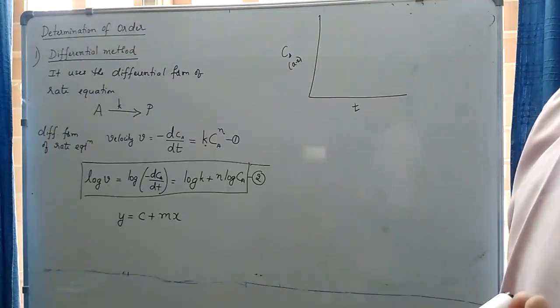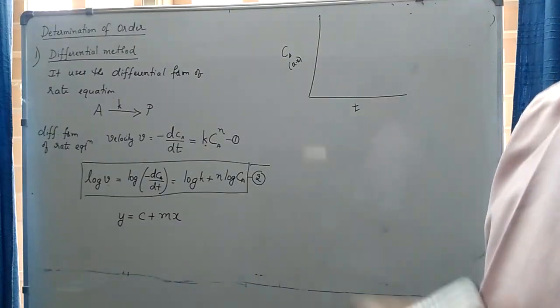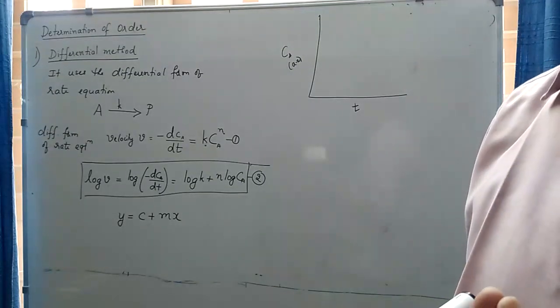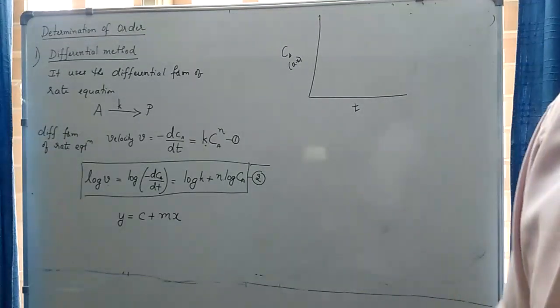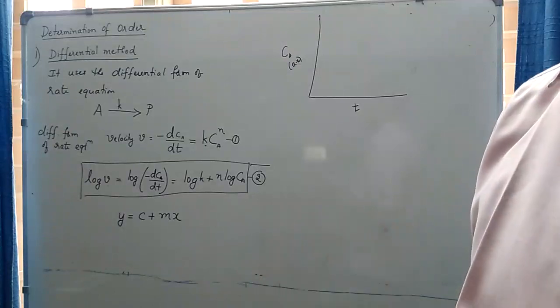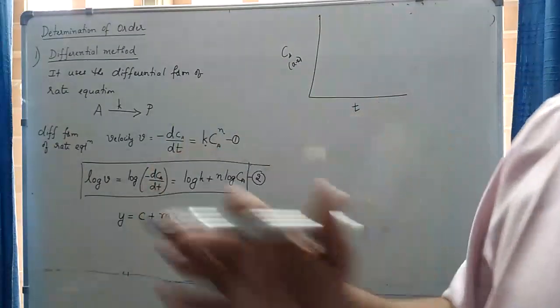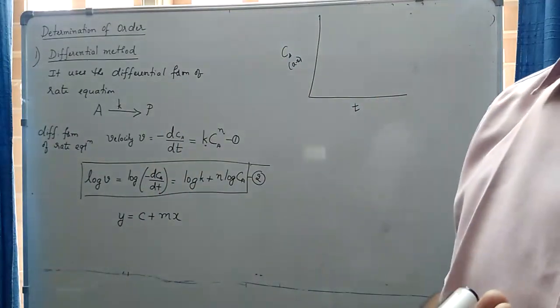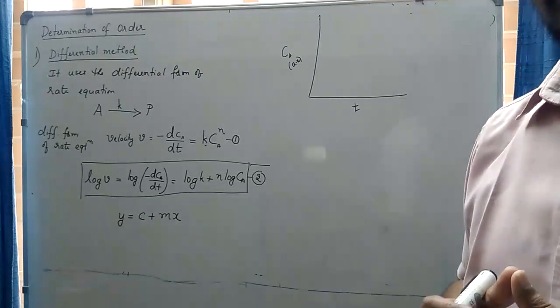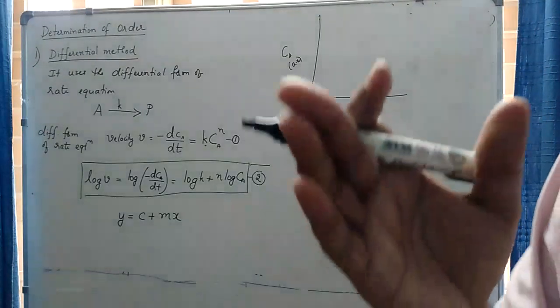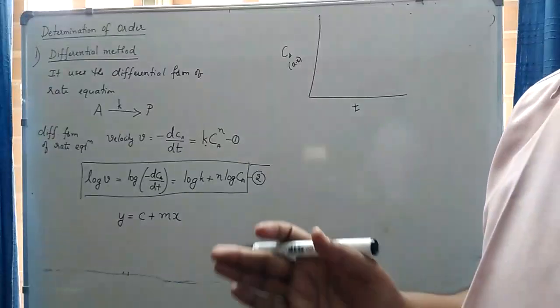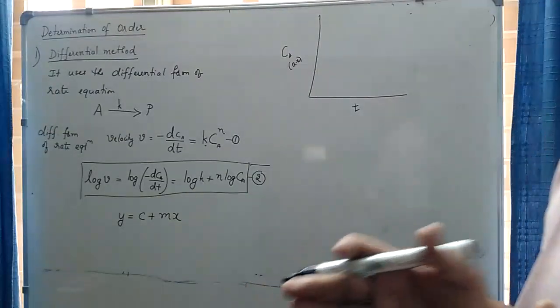Or what you can do is, if one of the reactants or products has a color, see what happens to the color with time. As the reaction proceeds, the color intensity changes. If the reactant has a color, the color of the solution fades with time as the concentration of the reactant decreases.